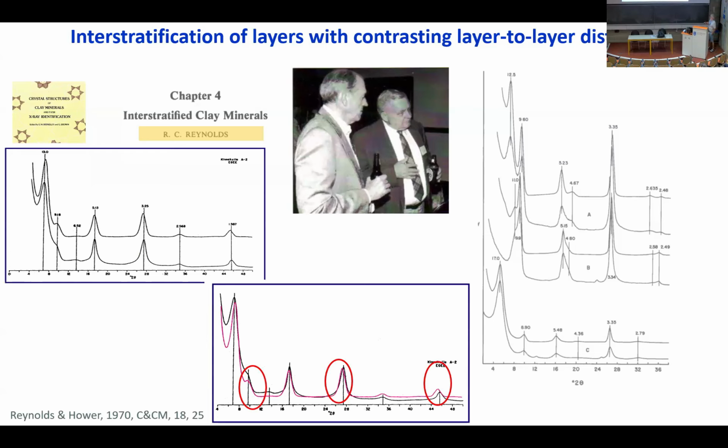This is another example where you can see that if you compare peak position, they are roughly the same, except maybe in this region here. But if you superimpose both patterns, you can clearly see that I have very strong differences in peak position.